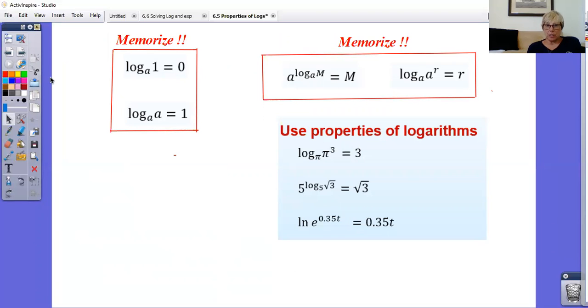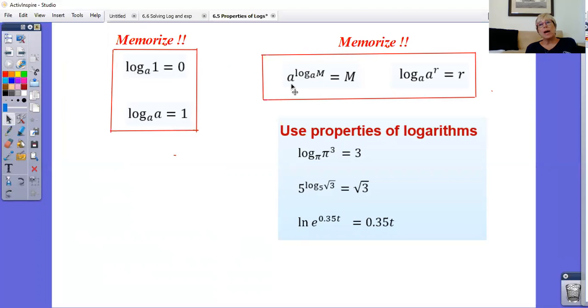Now memorize some different things about logarithms. When the argument is 1, no matter what the base is, log base anything of 1 is 0. Another thing, when the base and the argument are the same number, that's 1.